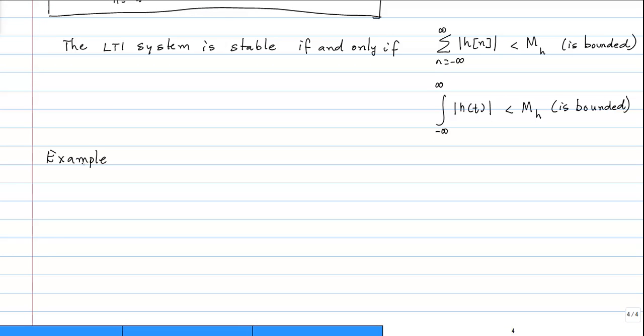First, let's look at the system whose impulse response is given by h of t is equal to u of t, which is the unit step function. So is this system stable?